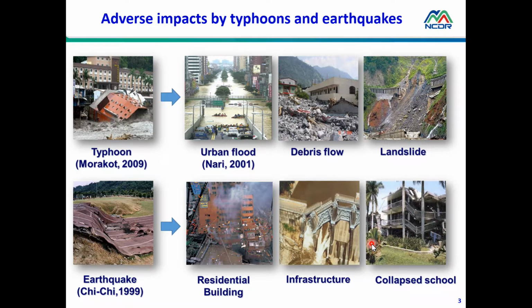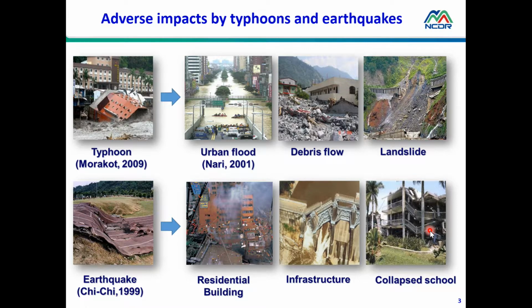Another one is damage to school buildings. This is the same school as this picture. Because the earthquake hit in the early morning, 1:47 a.m., at that time there were no students in schools, so we were lucky. No student died in school. But however, when we witnessed the destruction, we initiated a serious program to retrofit schools.